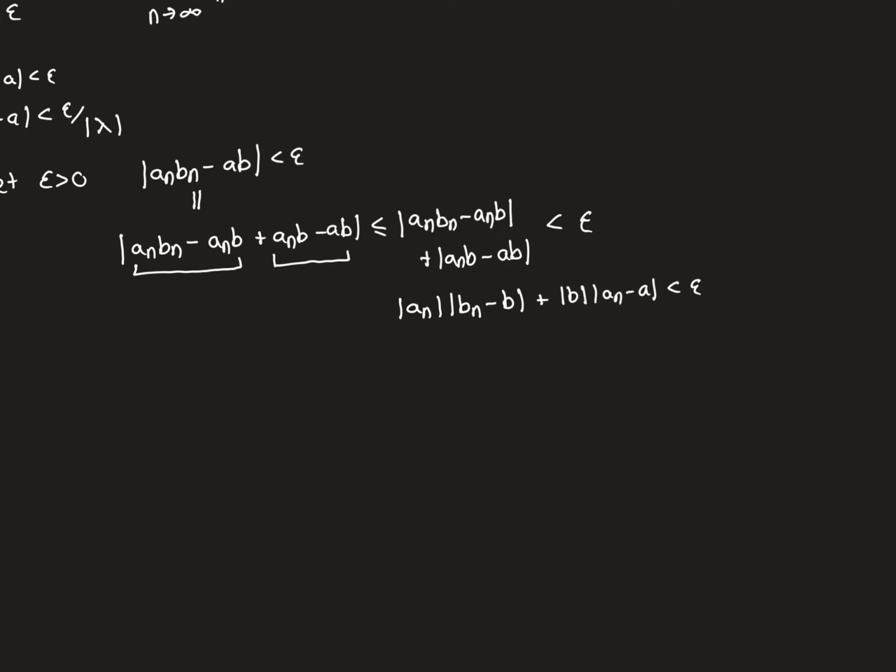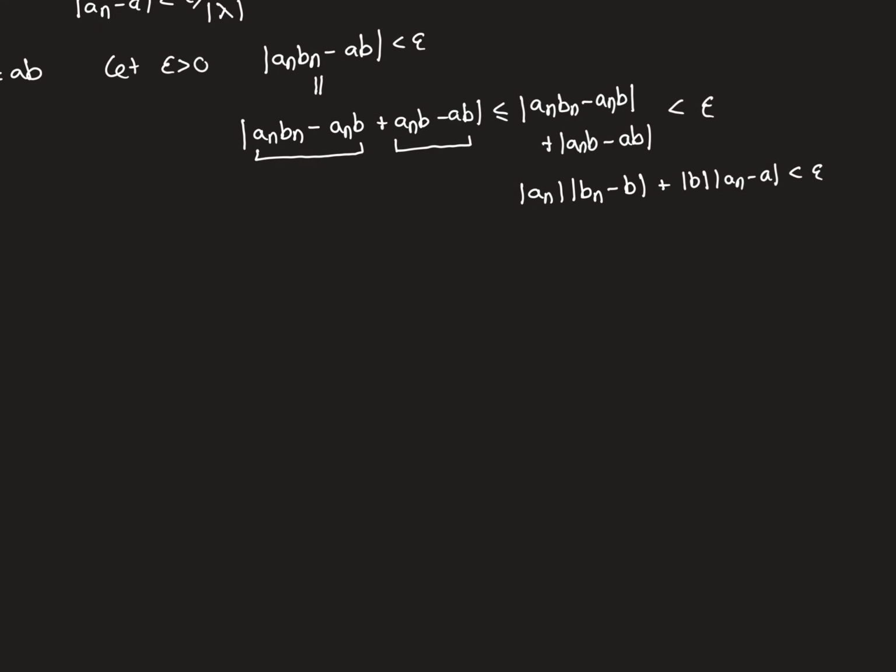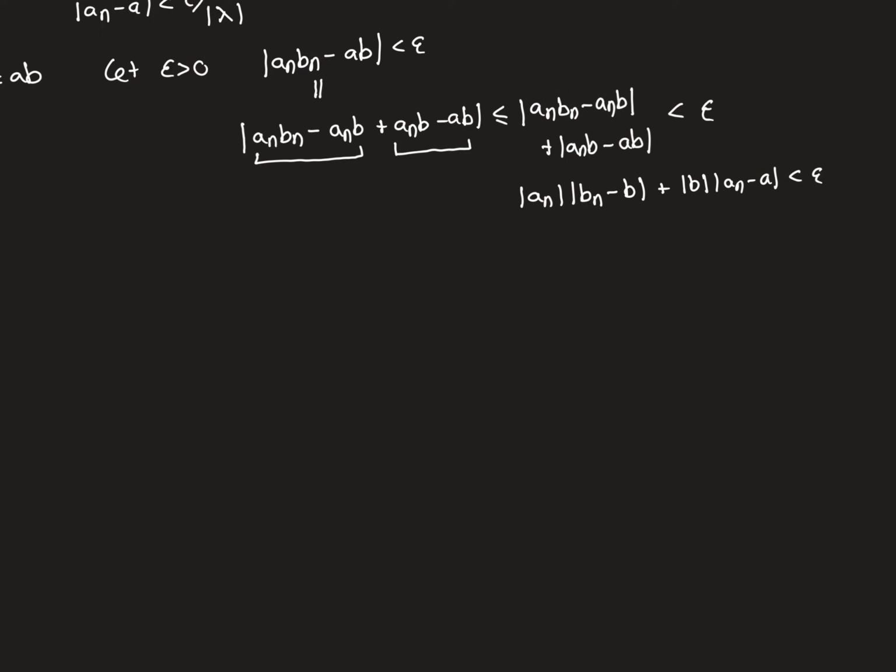Let me explain better what I mean, because that sounded like meaningless garble. This sequence an converges to A, it's a convergent sequence, which ends up meaning that the sequence is bounded both above and below, and therefore its modulus has a maximum value.